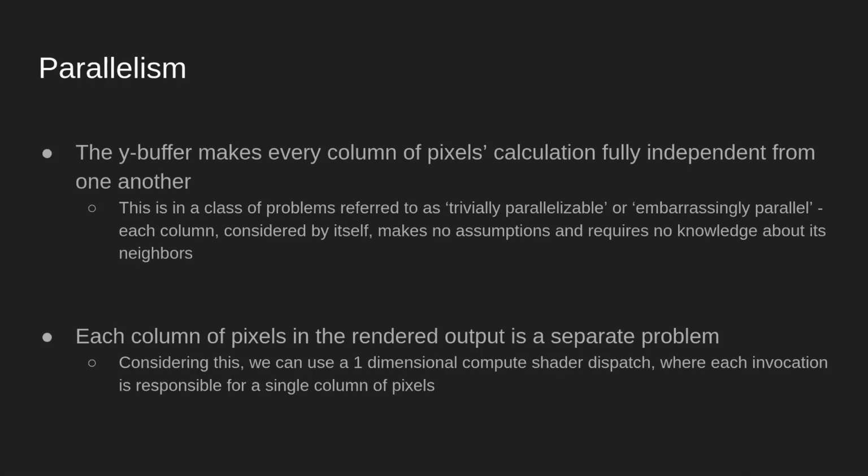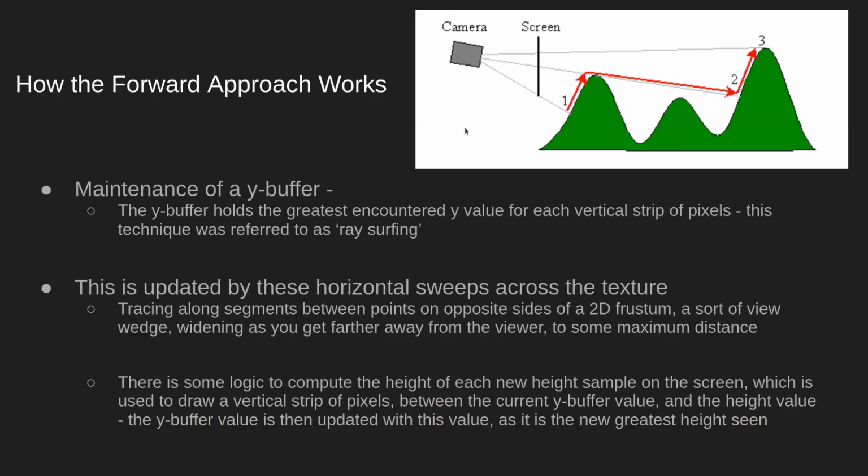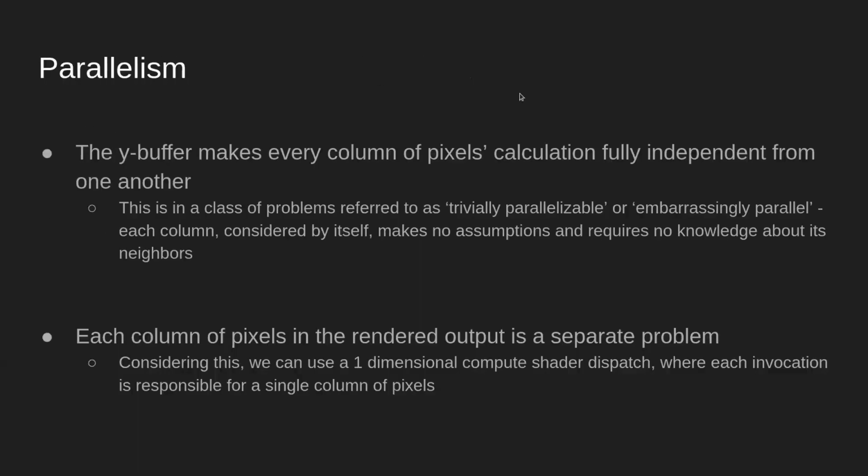That ray surfing kind of idea, where it's maintaining the Y buffer. This can happen independently for every strip of pixels horizontally across the screen. So what I tried to do is go through and do a one-dimensional dispatch that was just by columns.